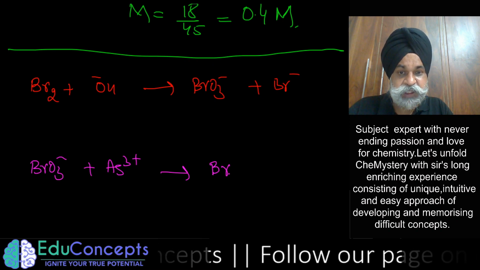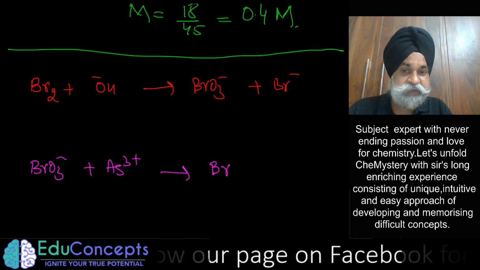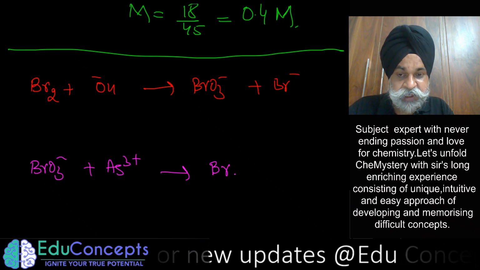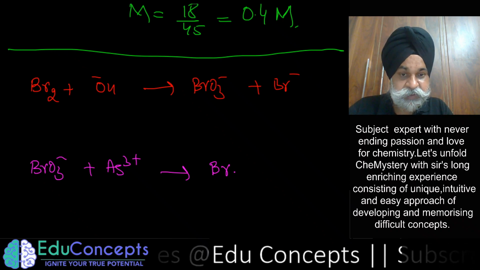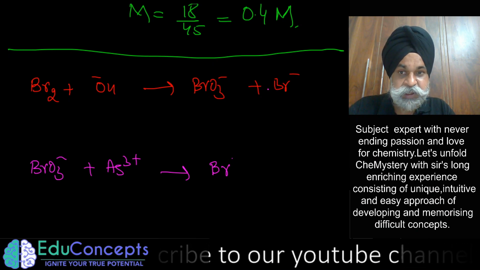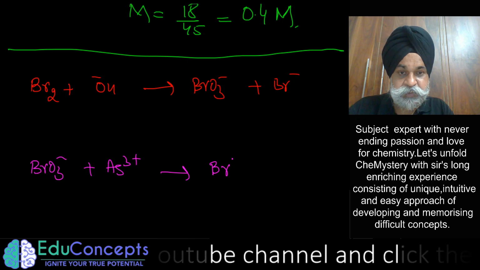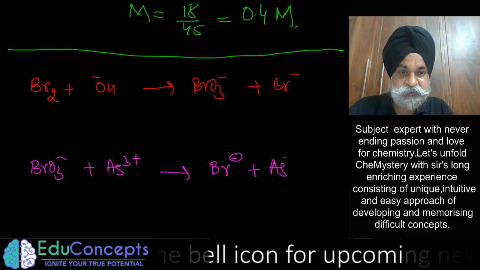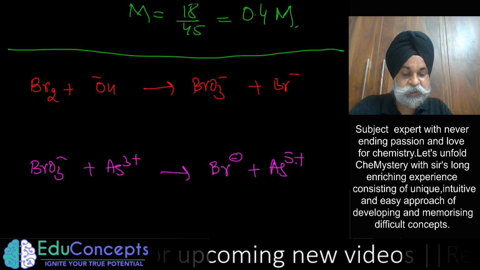You can see how to find the n factor of different reactions in different ways. So the question here goes to Br negative plus As5 positive. This is the fundamental question.